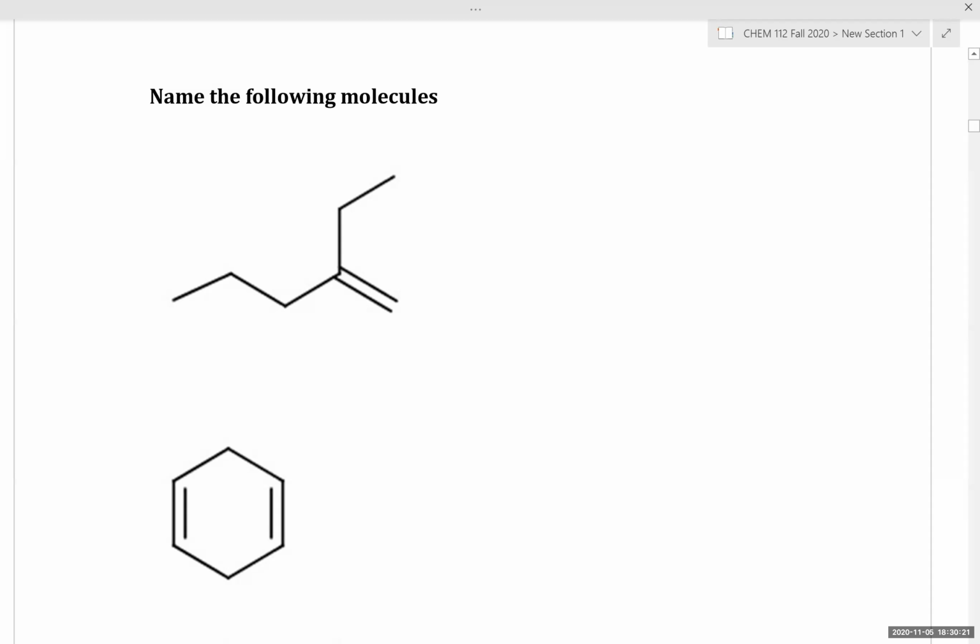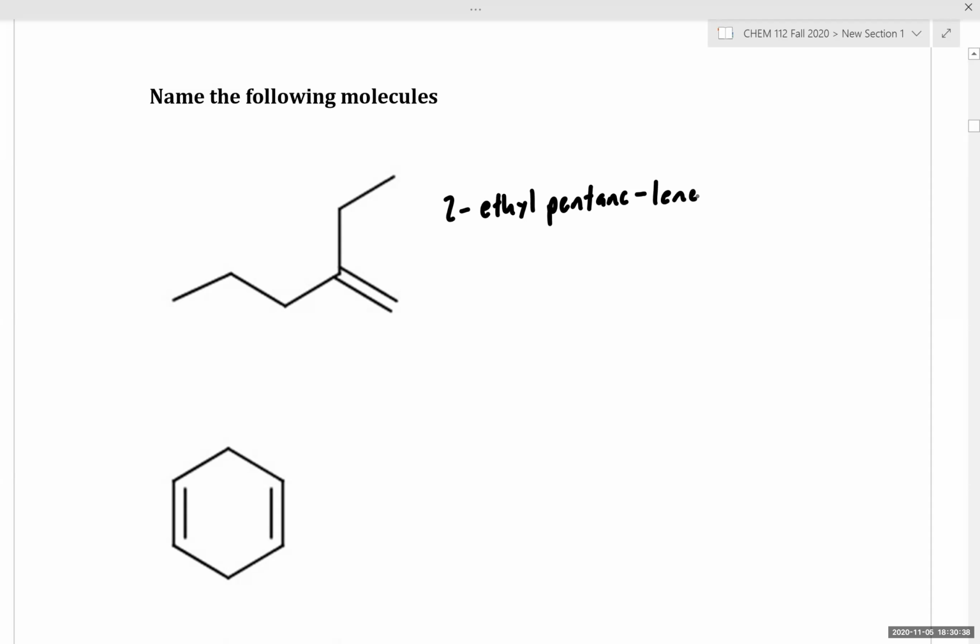So we have a proposed name in the chat of 2-ethyl pentane 1-ene.